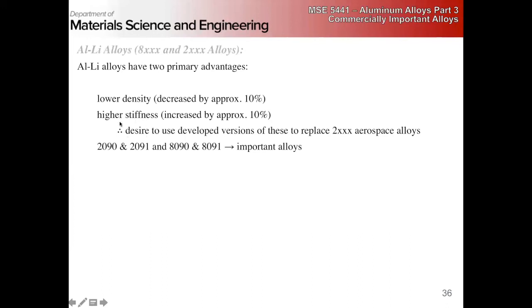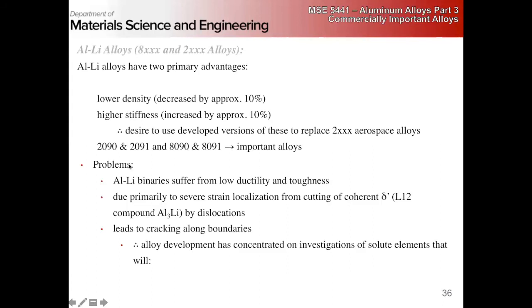So there's been a big drive, and there still is, and it hasn't been completely successful, to use aluminum lithium alloys to replace the 2000 series aerospace alloys. The 2090, 2091, 8090, and 8091 are very important alloys in this regard. Problems tend to be that aluminum lithium binaries suffer from low ductility and toughness.